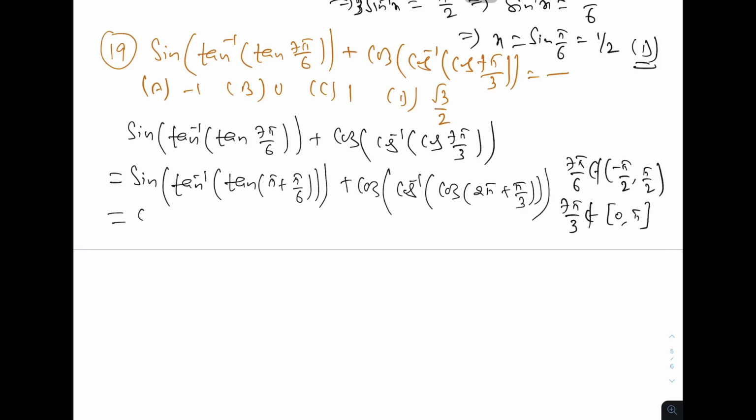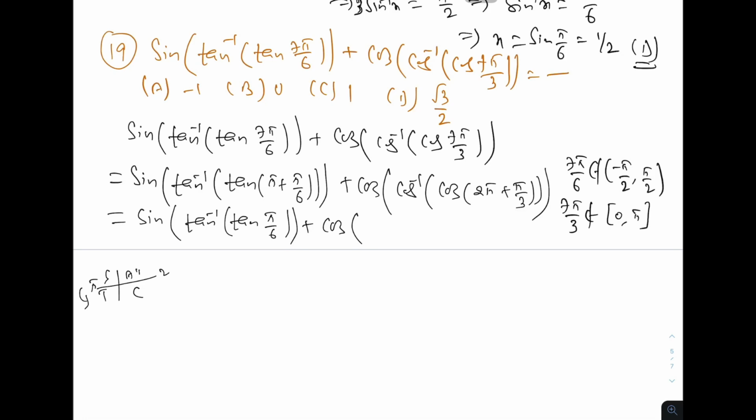Now this is equal to sine of tan inverse, now tan of pi plus pi by 6 is positive, so I can write this as tan pi by 6.